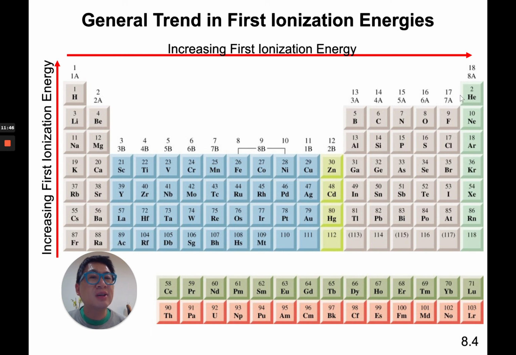First ionization energy is, by definition, the energy to remove an electron. If the nucleus is pulling those electrons in hard, it will be hard to remove them. If the nucleus is not pulling on those outer electrons as much, meaning it is a very big atom like on the lower left part, it'll be easier to remove an electron. So that's why they are opposite trends.